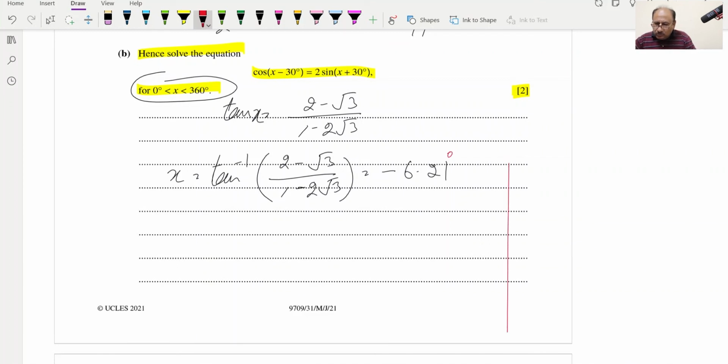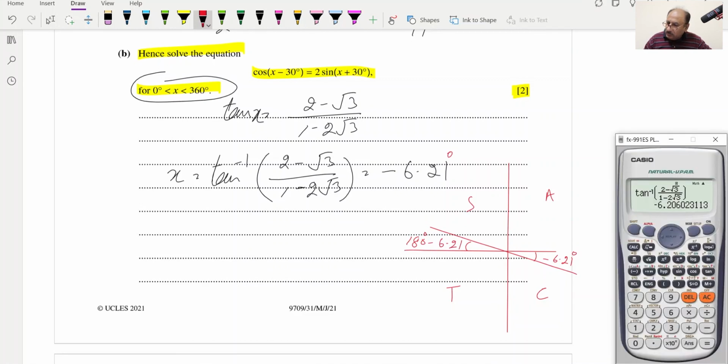We can go through the quadrant diagram, ACTS, and tan is negative here. We can draw like this. So this will be minus 6.21 degrees, and this side will be 180 minus 6.21.